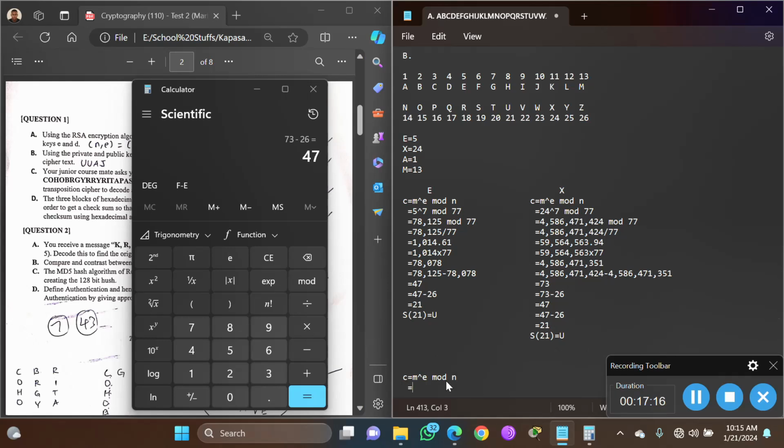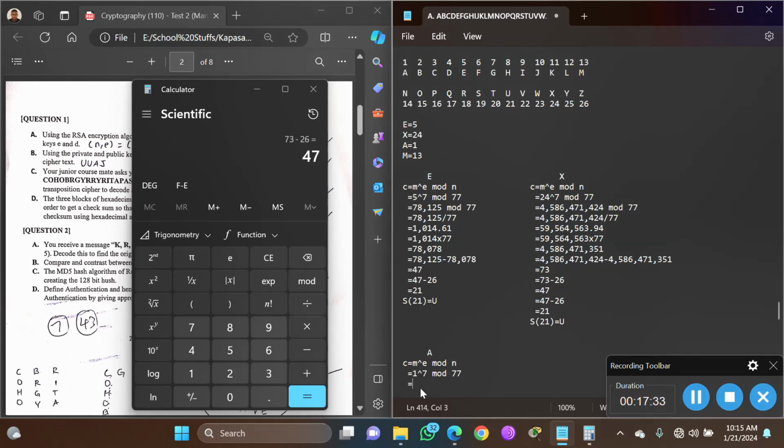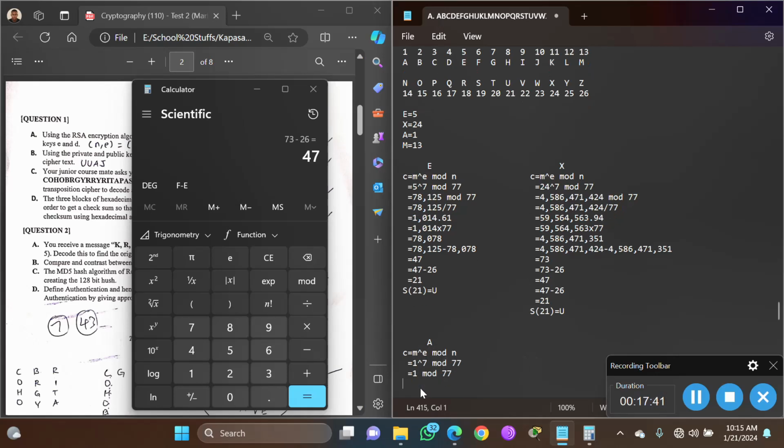Here we are interested in the plain text, which is a from the word exam. So a is number 1, then we say power 7 mod 77. Anything to the power of anything, when it is 1, we get the same 1. Then we say mod 77.